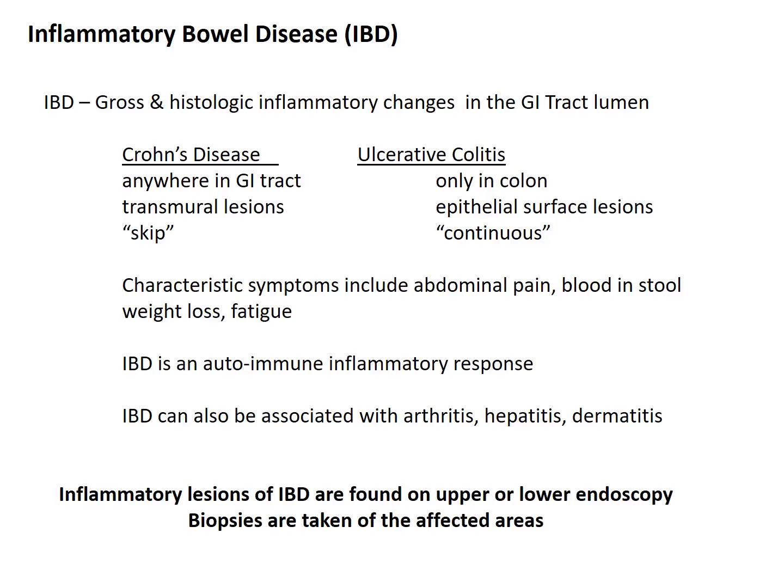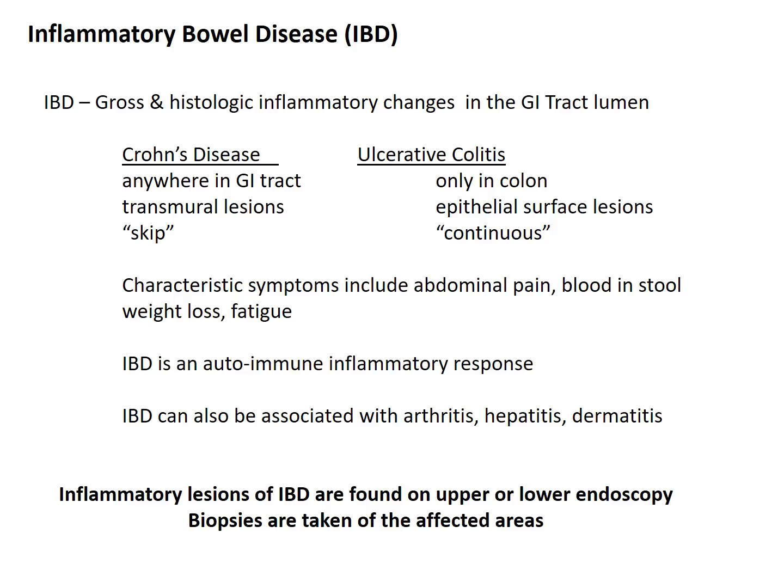Crohn's disease occurs anywhere in the GI tract. Ulcerative colitis only occurs in the colon. Crohn's disease can affect the entire wall of the GI tract, so transmural from epithelium all the way to serosa. Ulcerative colitis typically only involves the epithelial surfaces.